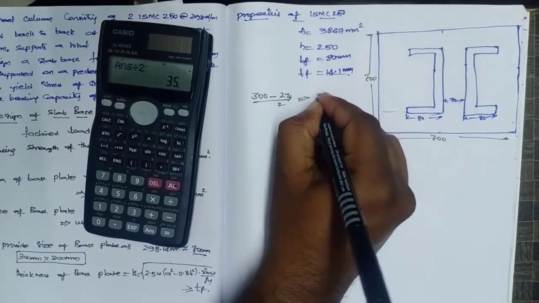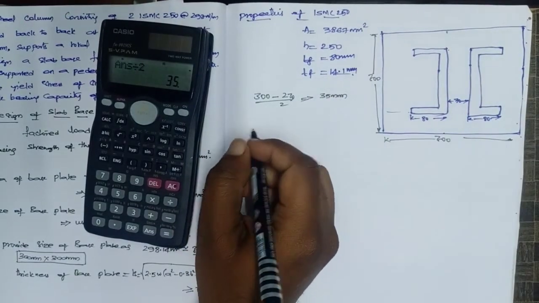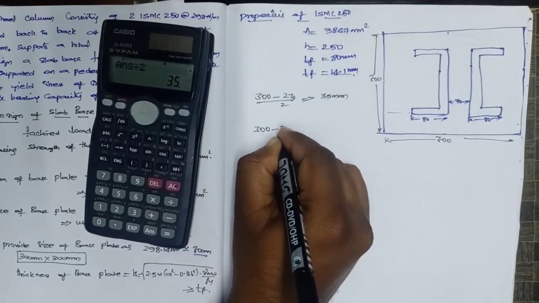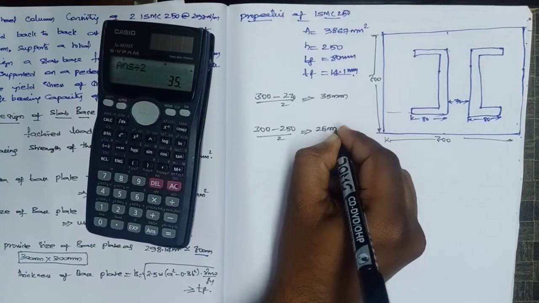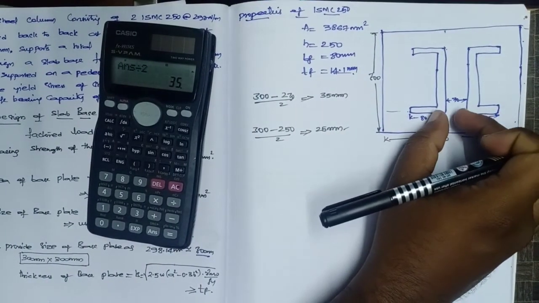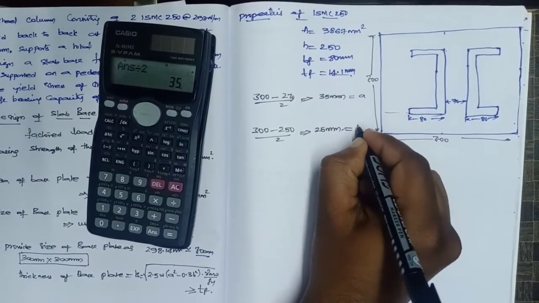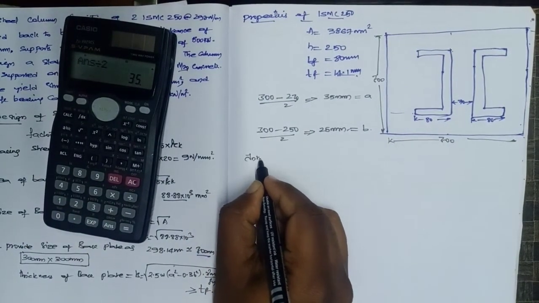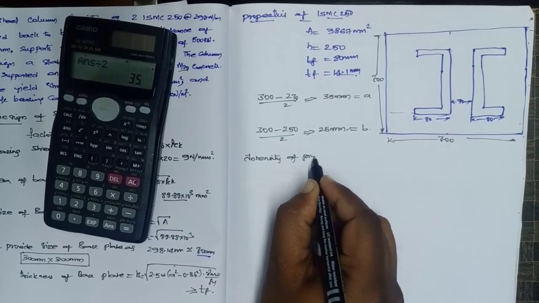It is 35 mm. Next, 300 minus 250 by 2. It is 25 mm. So this is considered as A, larger projection, and this is considered as B, shorter projection. Next, intensity of pressure.